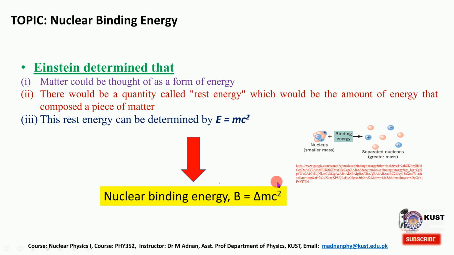If we find their difference, then one can multiply it with c square. So that will give us the binding energy for that particular system. So we'll be using this for the nuclear binding energy.